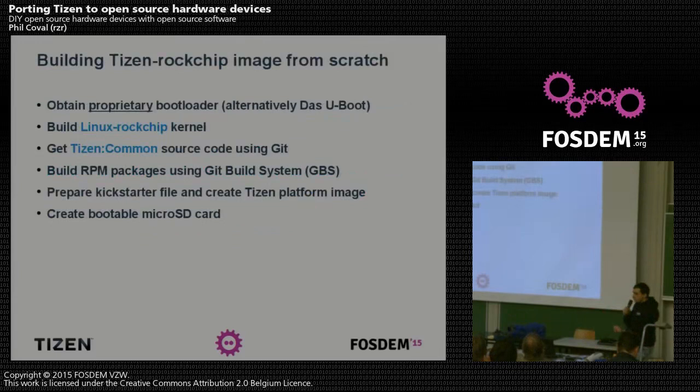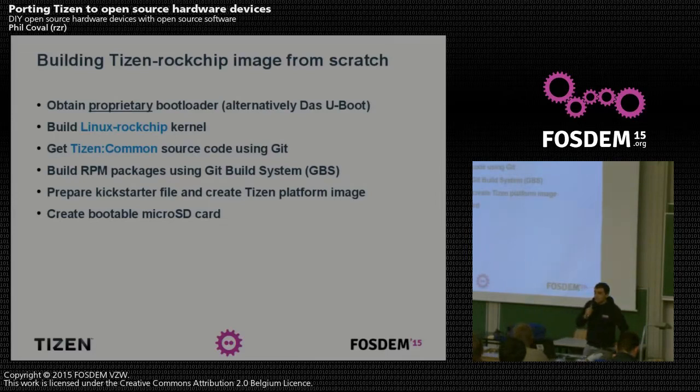I will not go into the details about the process for building the Tizen Rockchip image, because it's pretty much the same procedure as for all Allwinner devices. The difference here is that there is a U-Boot, but it's recommended, or at least that's what I've understood, to use a proprietary bootloader.